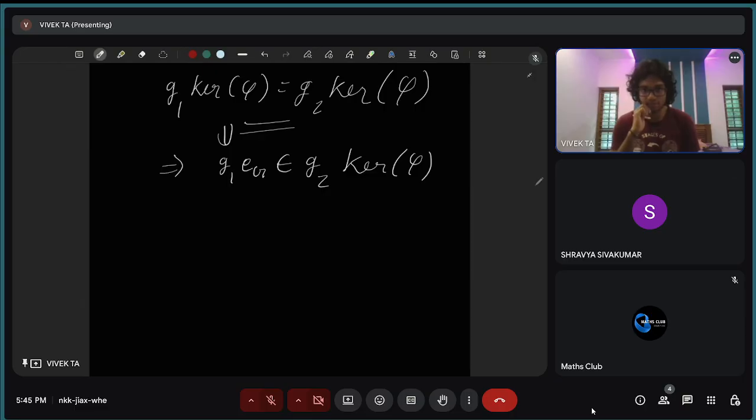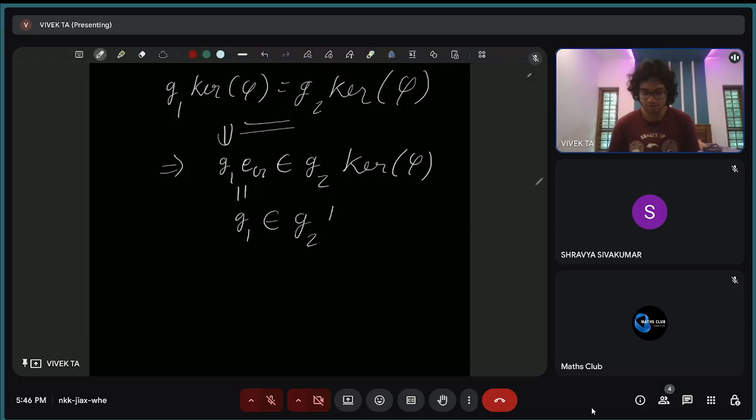But this is essentially the same as g1, and hence it belongs to g2 kernel phi. This part is fine?